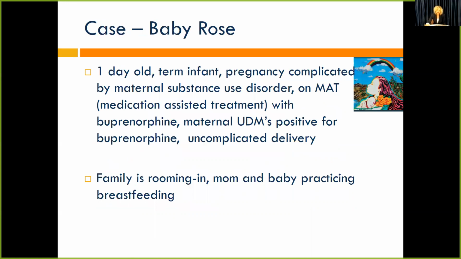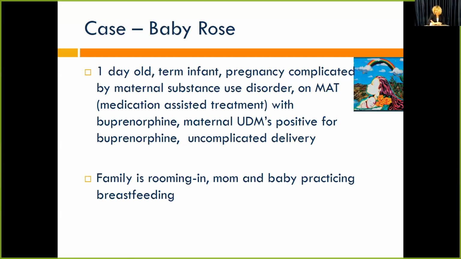So we know from looking through her records that she is a term baby. Mom's pregnancy was complicated only by maternal substance use disorder. She's on medication-assisted treatment in a treatment program with her providers, where her opiate withdrawal symptoms were controlled with buprenorphine.